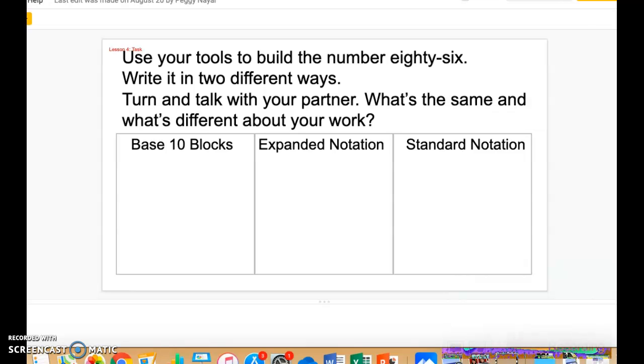We're going to do base 10 blocks, expanded notation, and standard notation. You don't have to write it all out perfectly, but I do need you to make the double T. And what I would do is pause the video because I think I'm probably going pretty fast. So pause it, set it up, and then come back.